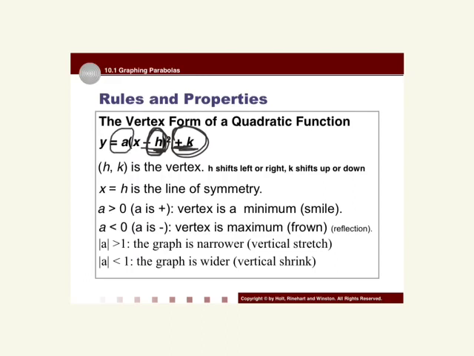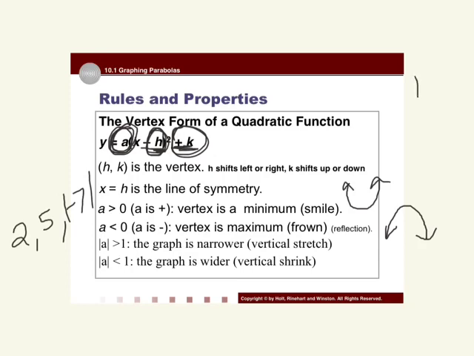If this a out in front is positive, the parabola is going to open up like a smile. If this is negative, then it's going to open down like a frown, and we call that a reflection. And then we look at the value of a. If the absolute value of a is greater than 1, meaning it's a number like 2, 5, even negative 7, because again the absolute value of that would be greater than 1, then it's going to be skinnier than the parent graph.